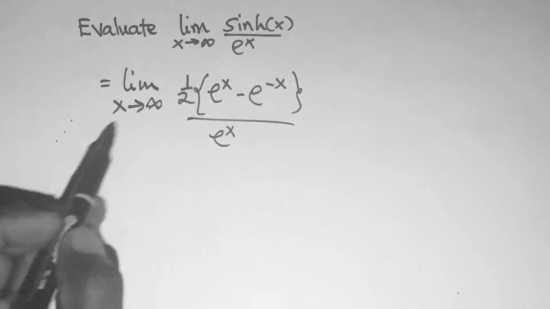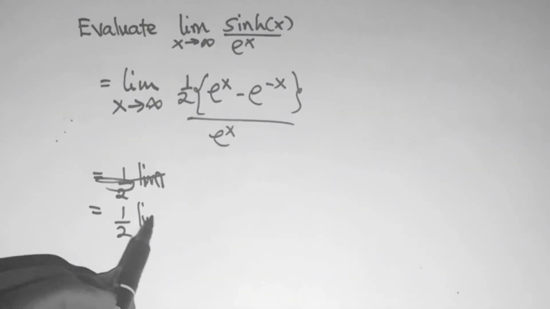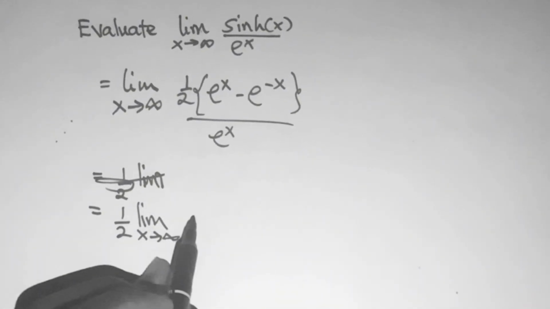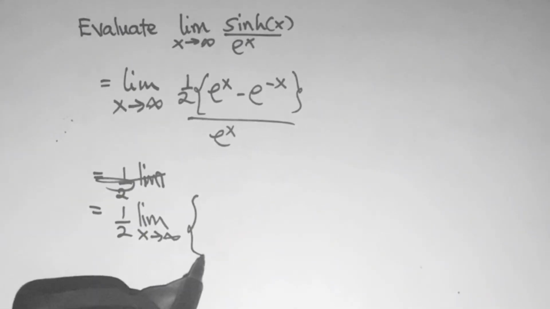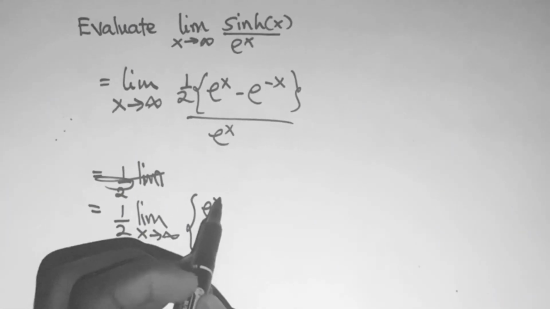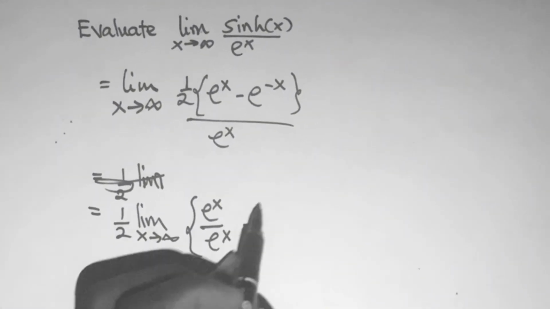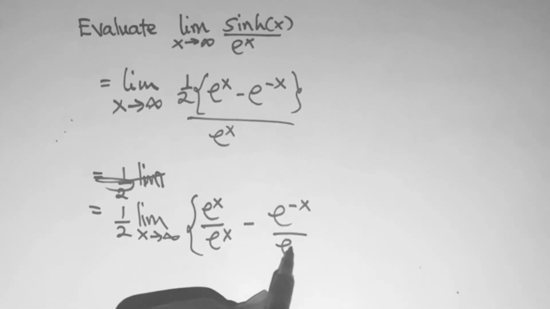So I want to bring this half outside. So half of the limit as x approaches infinity. Then it will be left with, in bracket, e to the x divided by e to the x minus e to the minus x divided by e to the x.